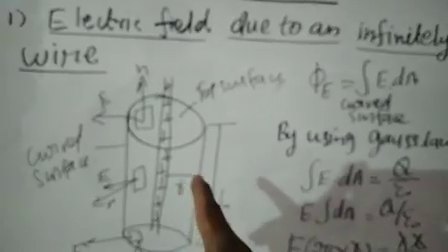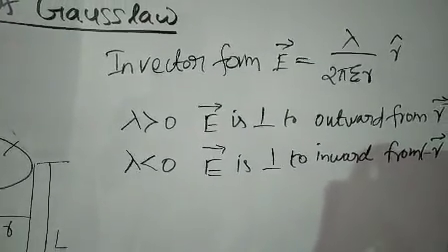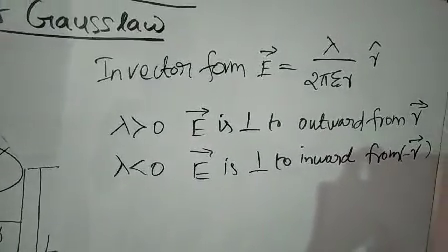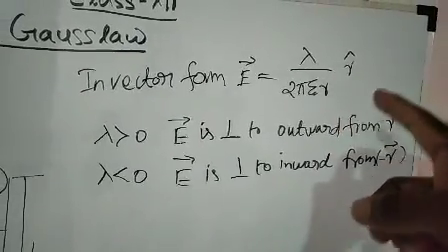So this is the resultant electric field at point P due to the long charged wire. In vector form, the electric field E vector equals lambda by 2 pi epsilon naught r r cap.